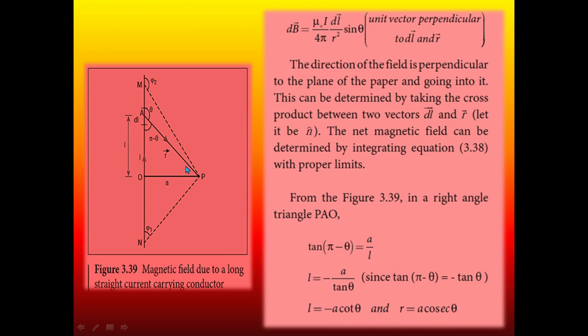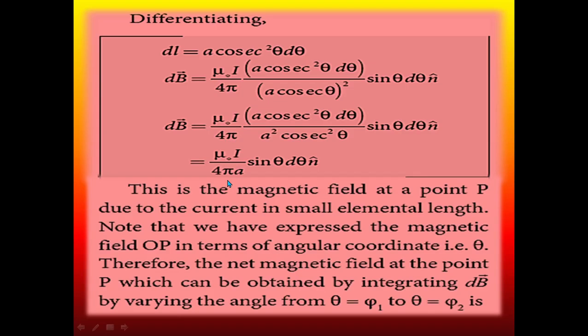And from the same right angle triangle PAO, what is the formula for cosecant theta? Cosecant theta is nothing but hypotenuse divided by opposite side. Hypotenuse is r, opposite side is A, so cosecant theta is equal to r by A. Now r is equal to A cosecant theta.